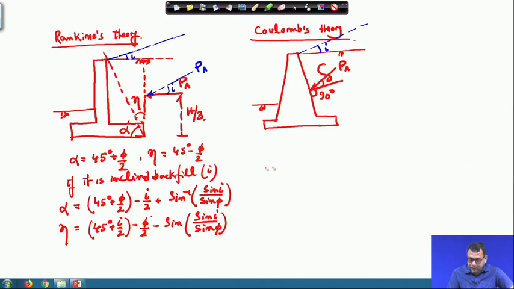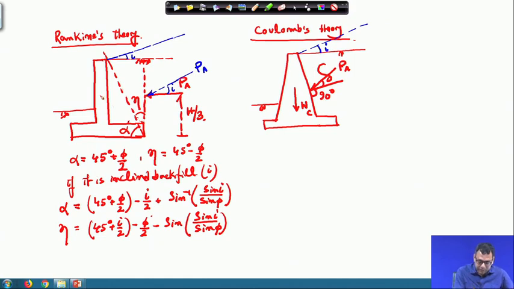Okay. Now, the next one is that when you use the Coulomb's theory, then you will only consider weight of the wall. Do not consider the weight of the soil during the stability calculation.